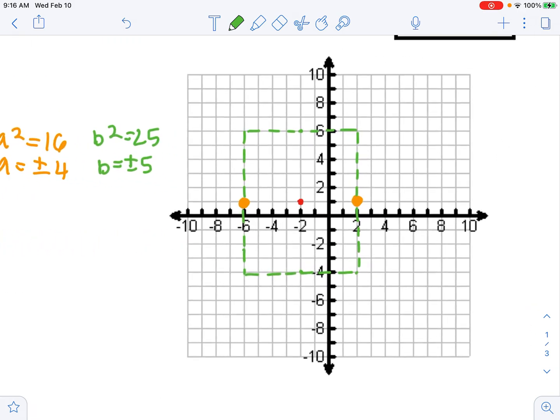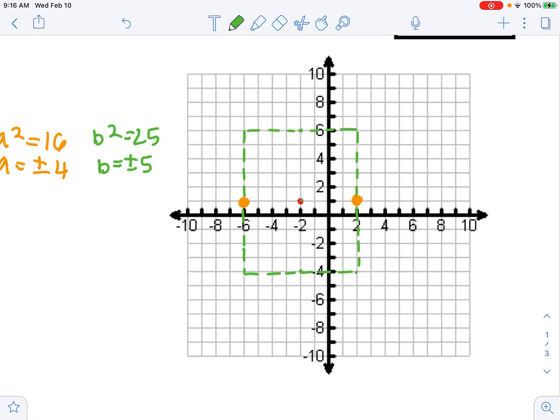All right, so there is my little rectangle there. The reason I draw this is so that we can have an accurate slope on our asymptotes. This will give us the correct slope of our asymptotes, and that's why we need that rectangle there. And then out the corner here.